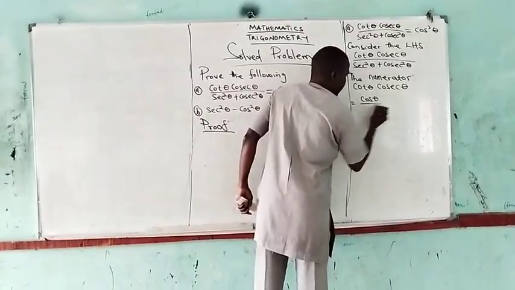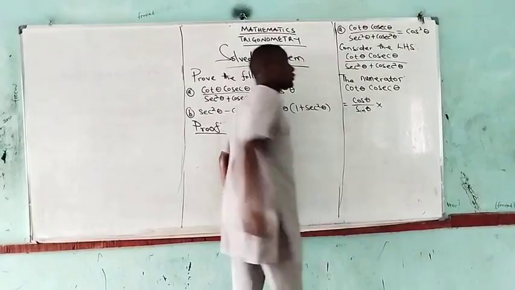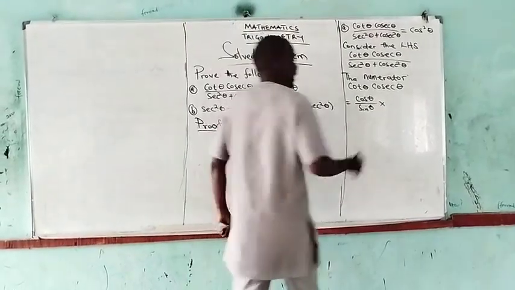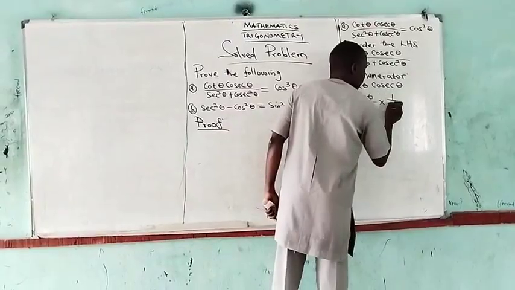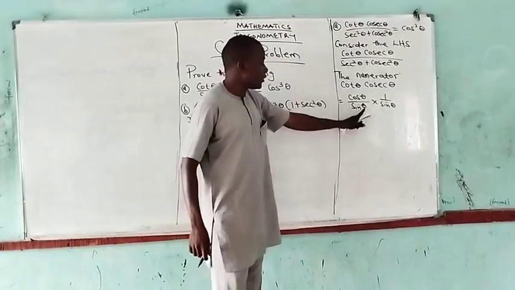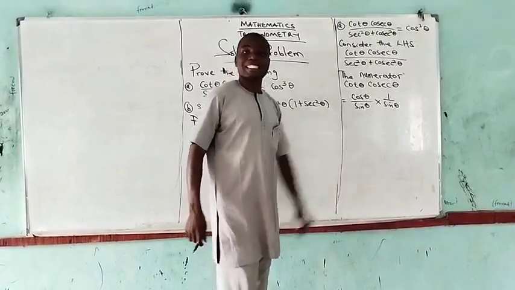So this is equal to cos theta all over sine theta, times cosec theta. Cosec theta is 1 all over sine theta. So cot is cos theta over sine theta, times cosec, which is 1 all over sine theta.